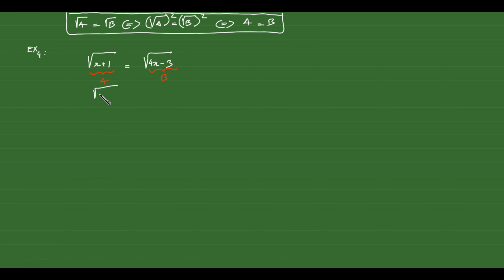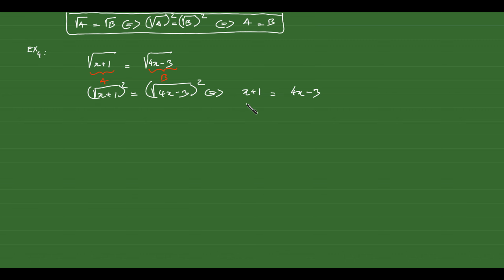So basically, we put everything squared like this, and everything squared like this, and we can throw away the radical. And when we throw away the radicals, basically we have a linear equation, and we can solve for this.